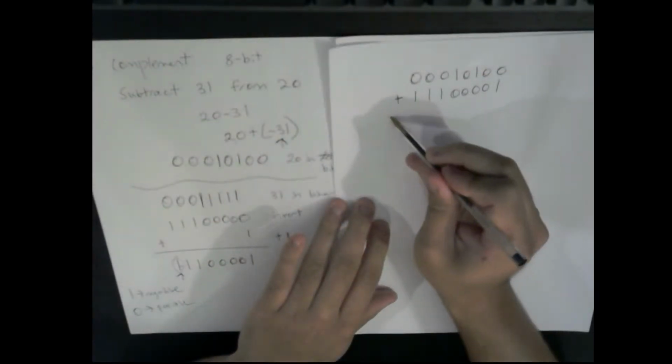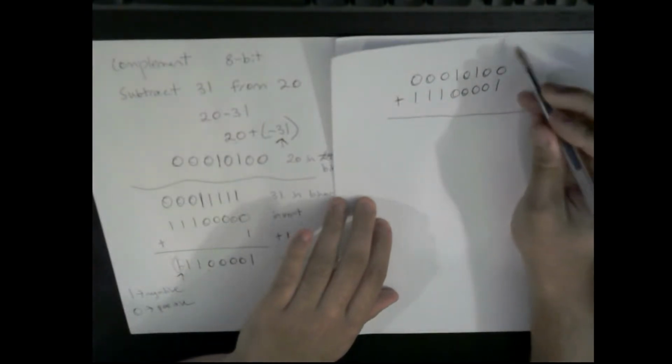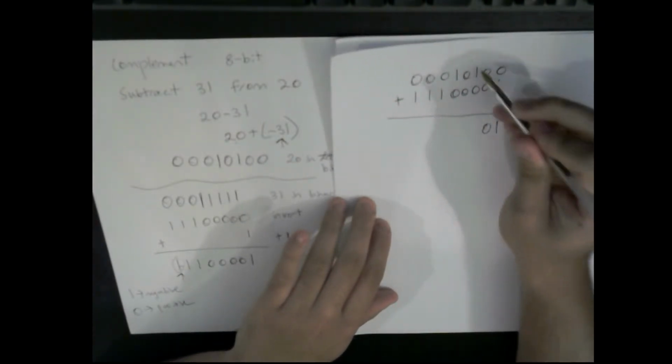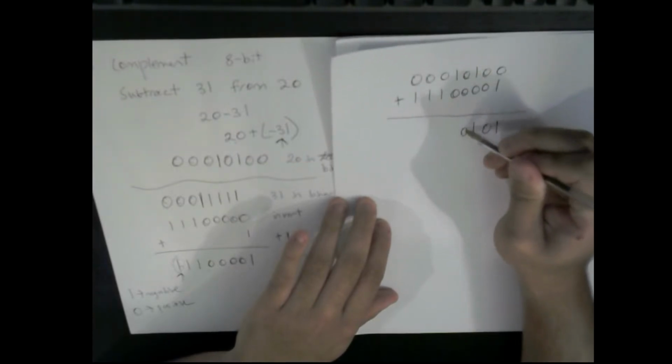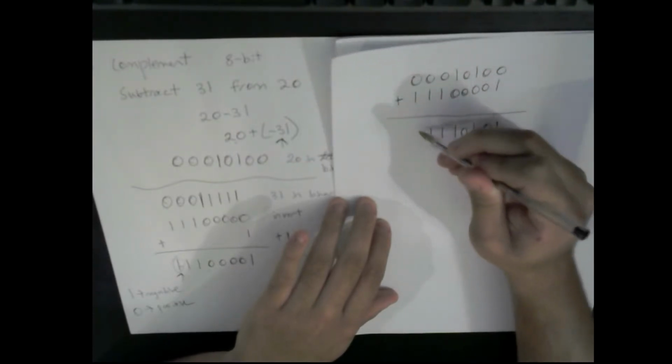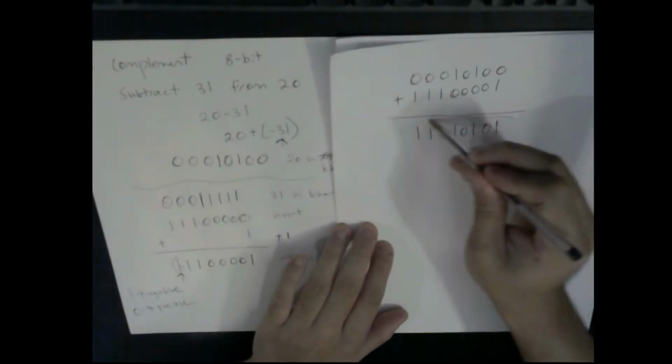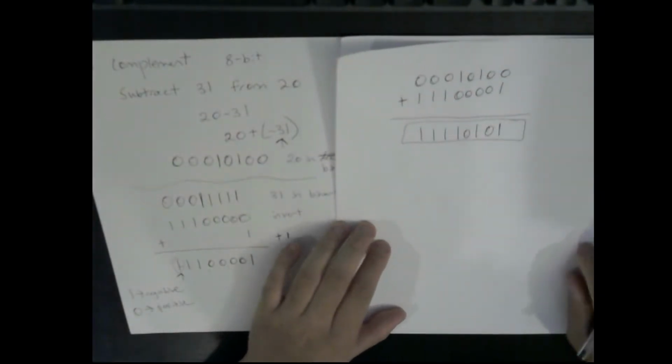I'm going to add them up. Right? So I'm just adding these. 0 plus 1 is 1, 0, 1, 0, 1, 1, 1, 1. So this is the result I get. This is the result of my computation here.